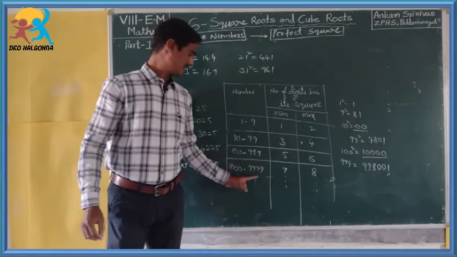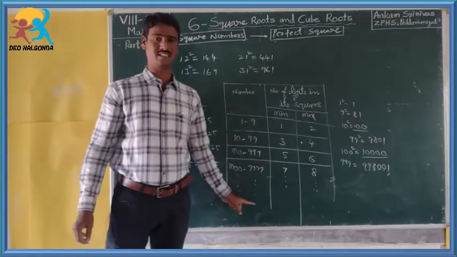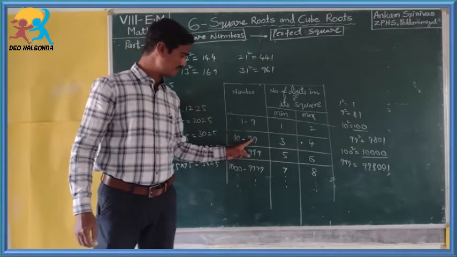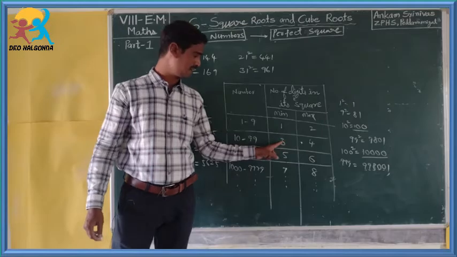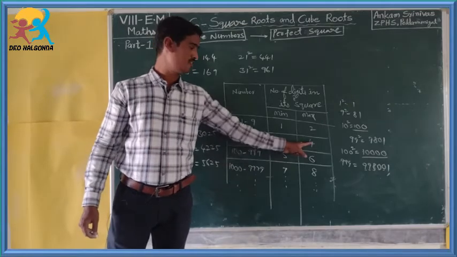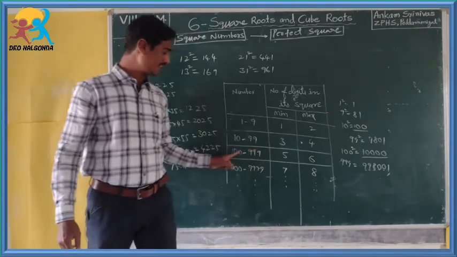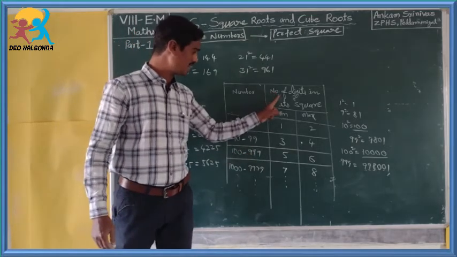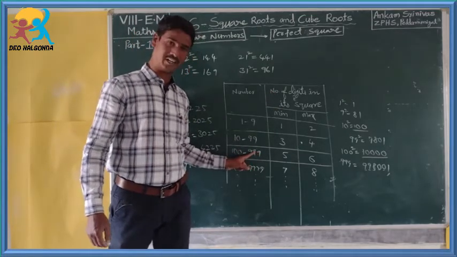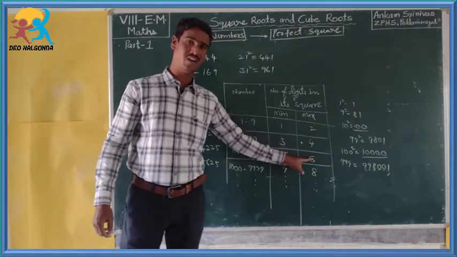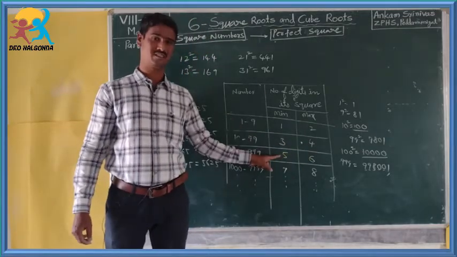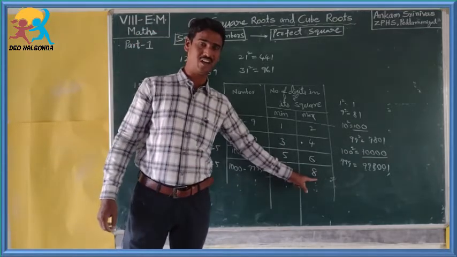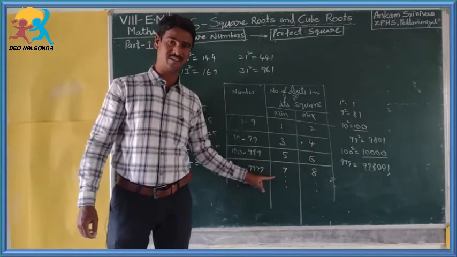If I take n number of digits, here 2 digits, so 2 2s are 4, minus 1, 3. If I take 3 digit numbers, the square may contain 5 or 6 digits. 3 2s are 6, or 6 minus 1. Here 4 digit number. 4 2s are 8, or 8 minus 1, 7.